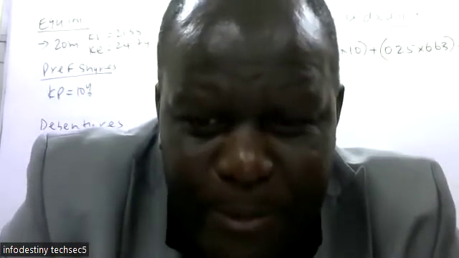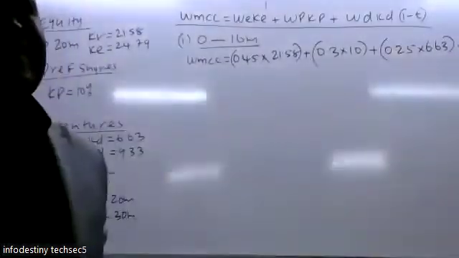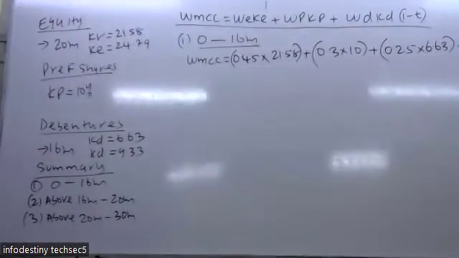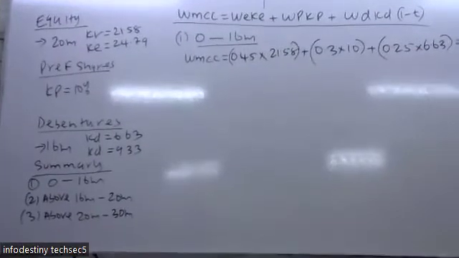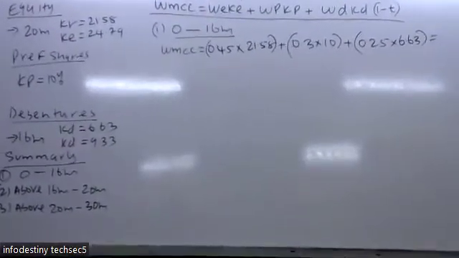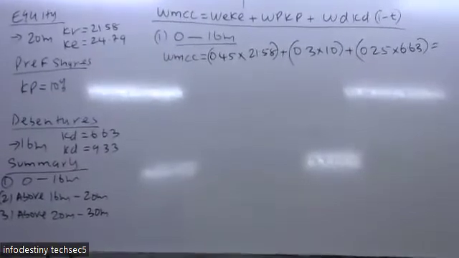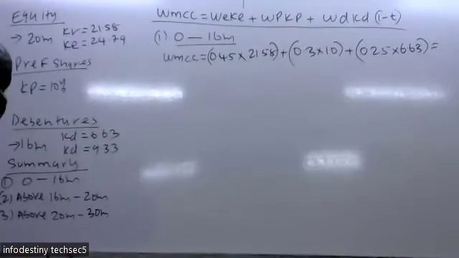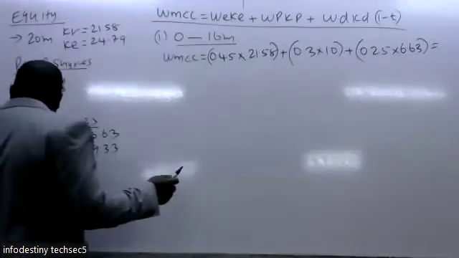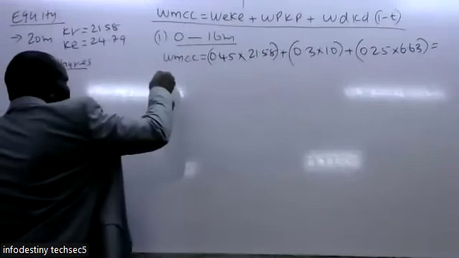What did you get for part A? So that is now for that first one. We go to the second one. The second one is above 16 million.